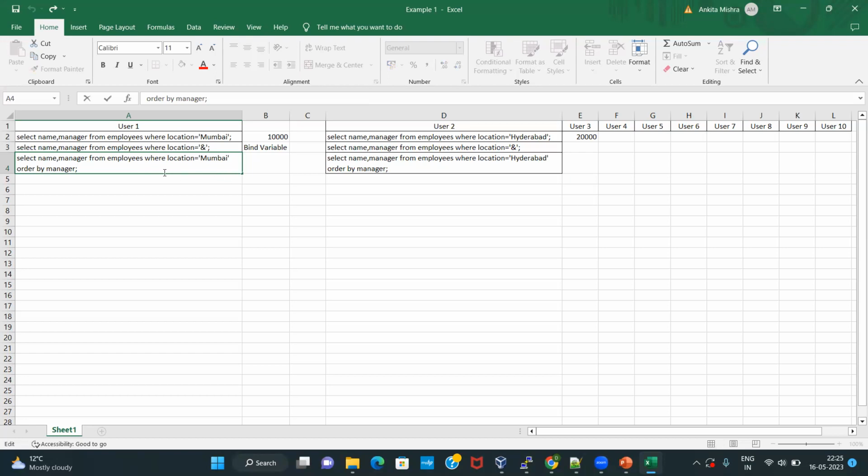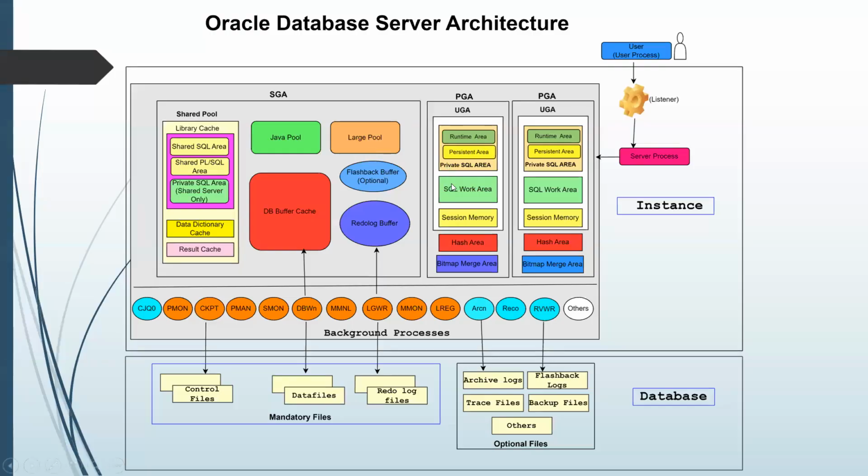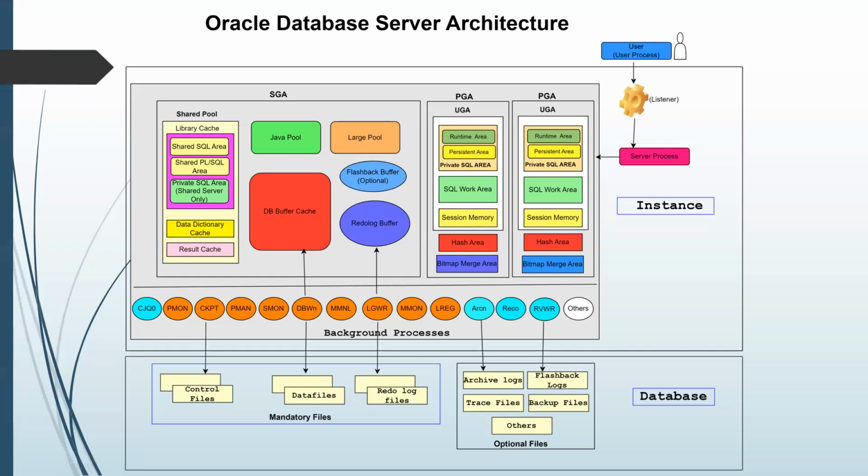So where exactly does that sorting of the data happen? That takes place inside the SQL work area. Clear with that? All the sorting or grouping, whatever the user wants to do, that bit will happen inside the SQL work area. Simple to understand?